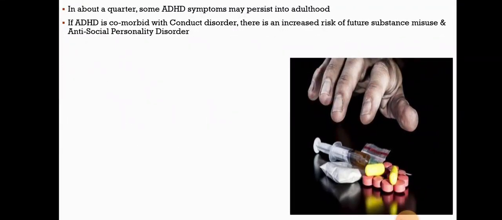Next, ADHD symptoms will be present from childhood and will also last up to adulthood. If a child has ADHD, it is also going to affect the child in other ways.